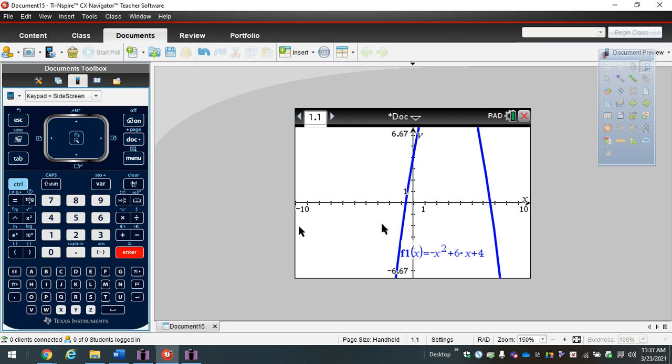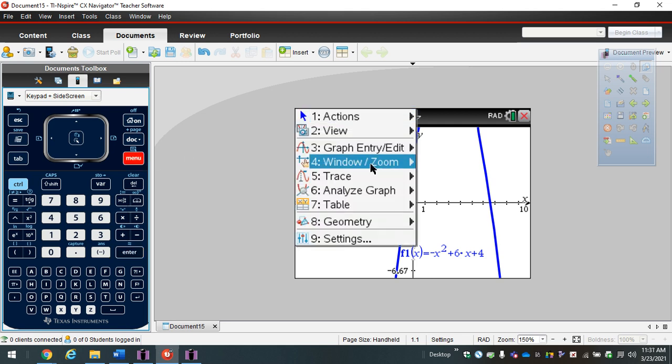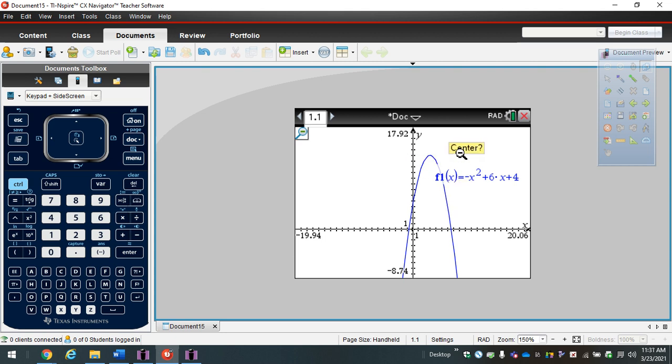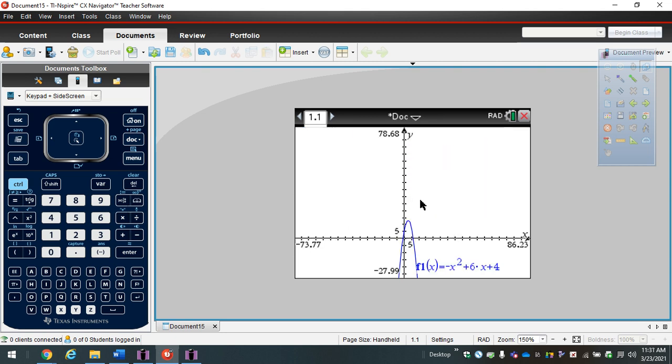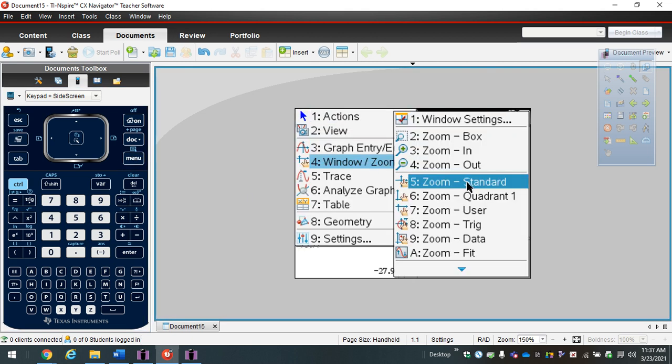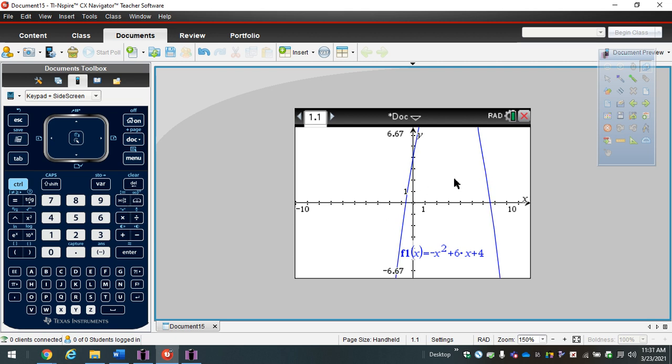Guys, just FYI, look at my computer screen. You can go here to menu, and you can go to zoom. You can go to zoom out. Zoom out anywhere. You see, there's a whole graph now. If I went too far and like, oh great, I don't know what I did, you can always go back here to menu and go back to zoom and then go back to standard, like when it first gave it to you, and it starts it like all the way the first initial thing.